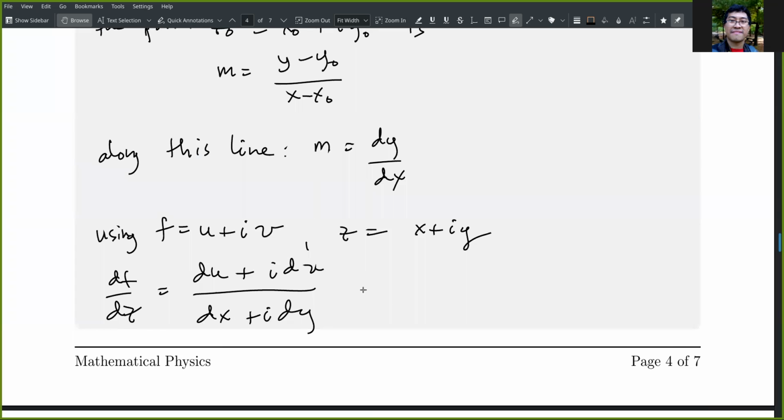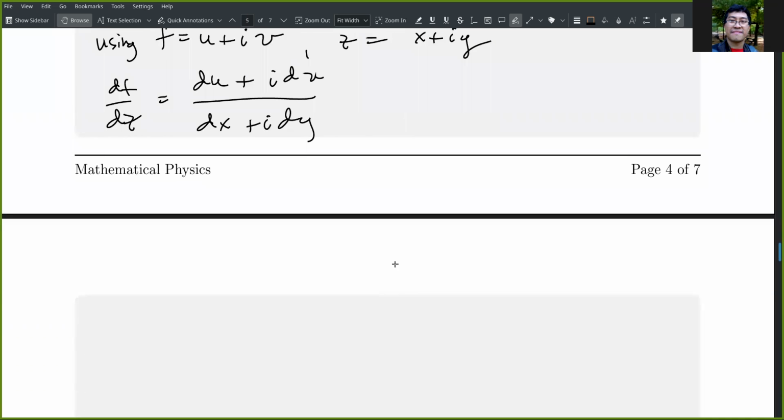We will also need du. u is a function of x and y, so by the chain rule you have partial u with respect to x dx plus partial u with respect to y dy.